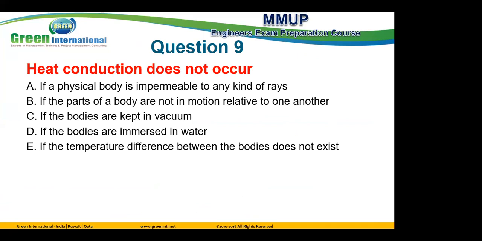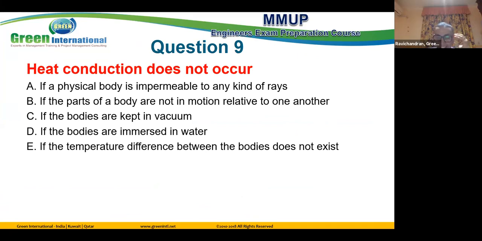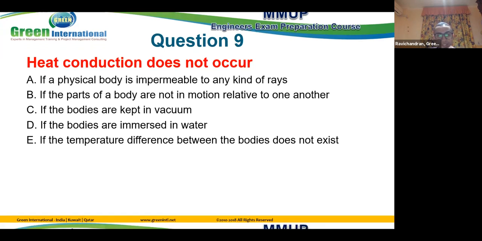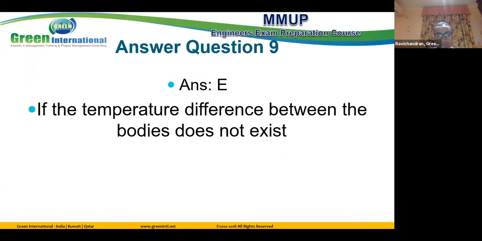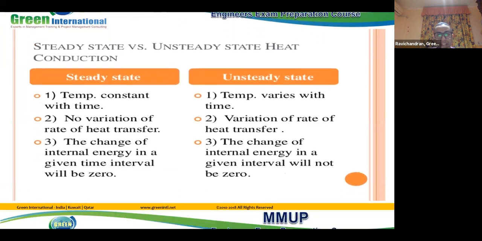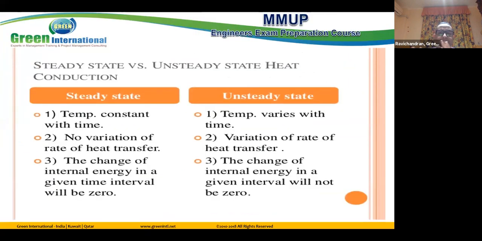If there is a temperature difference, heat transfer occurs, even if bodies are kept in vacuum. Steady and unsteady is the same as steady and unsteady for velocity. Here it is in temperature. We have many similar things, like velocity gradient and temperature gradient.